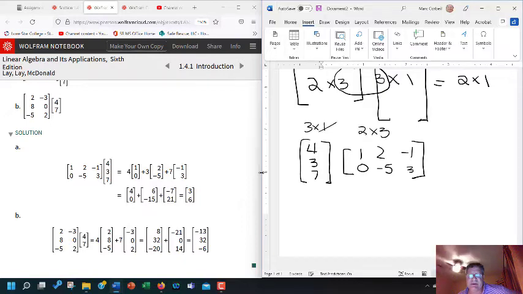Notice the inner parts don't match. So if I tried to do that, it would be impossible, and we have to be careful about that. We are not going to take the 4 and multiply by the first part, and the 3 by the second part, and the 7 by the third part. So right, left, left, right is not always going to be the same. So we have to be careful about that part. That sometimes is confusing.